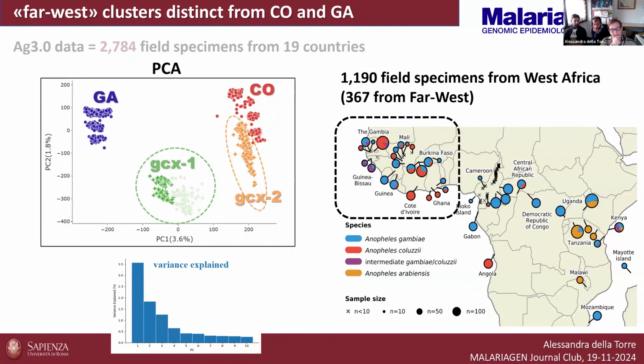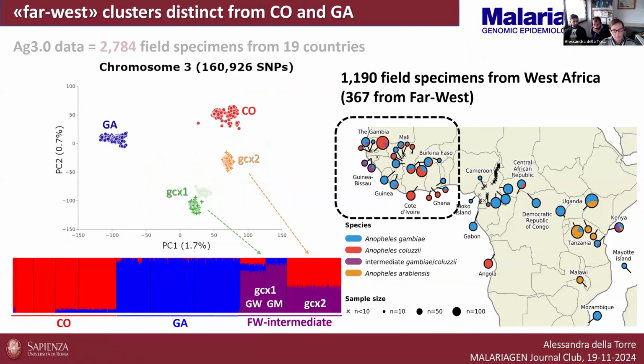And you can see that we have results quite different from the previous one that I showed, because in this case the populations from the Far West, the green one and the orange one, were separated in the PCA from gambiae and coluzzii, in particular the green one that we call GX1, gambiae complex 1, which clusters separately, very far from gambiae and coluzzii, while GX2 clusters closer to coluzzii, but separated from the other West African populations.